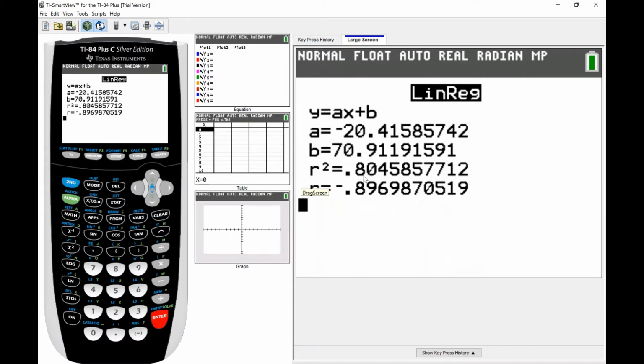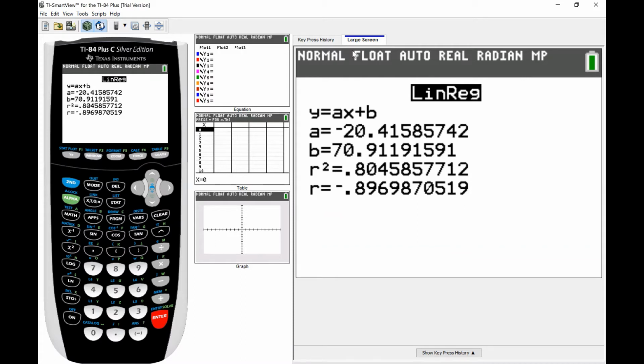You can write 0.80458, however many decimal places you want to take it out, that's fine. But your r squared value, that's your coefficient of determination. This tells you how well this equation fits your data set. So we did a linear regression, and we've got an r squared value of 0.8.